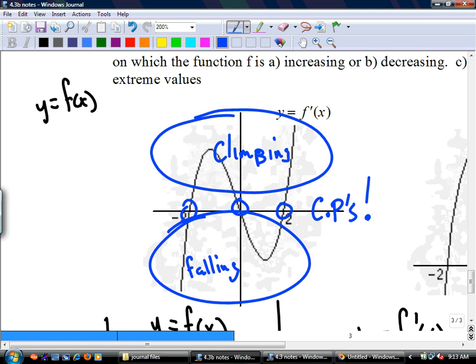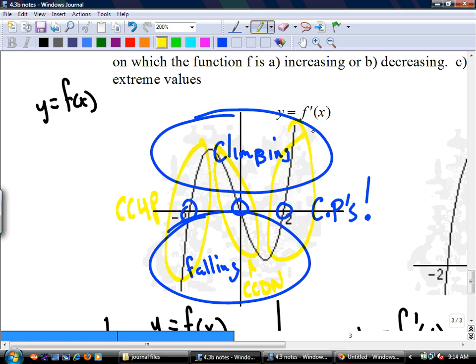Now I'm going to switch colors. What did I talk about there? I talked about all the y prime coordinates. The y prime coordinates tell me about climbing, falling, and critical points. Now I'm going to look at the shape of the function. Tell me about the slope here. Concave up. Tell me about the slope here. Concave down.